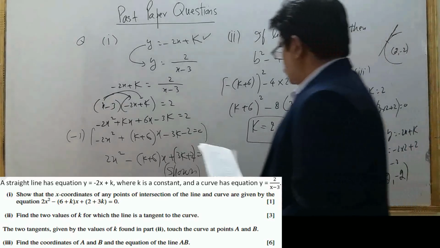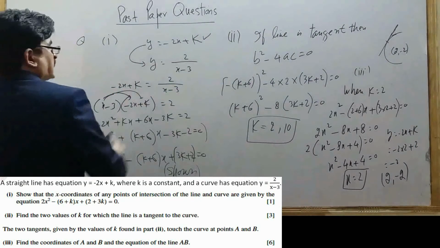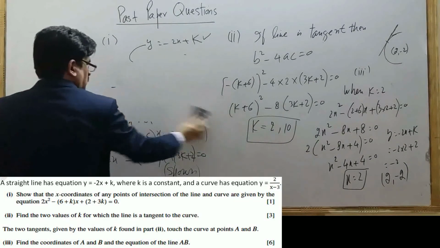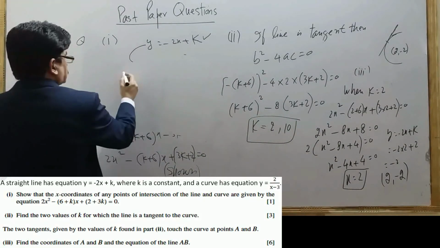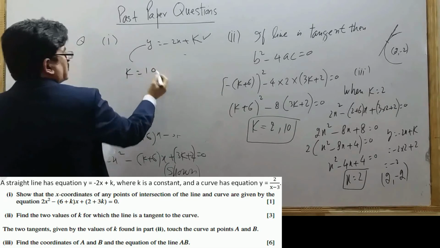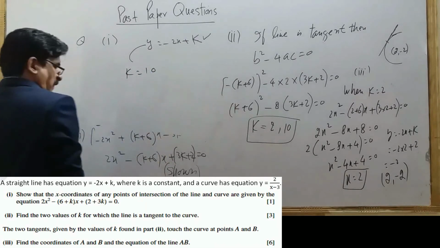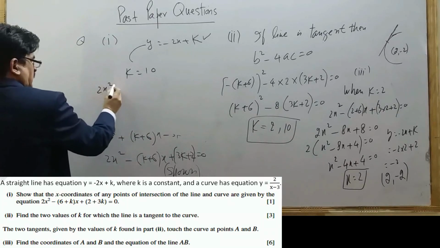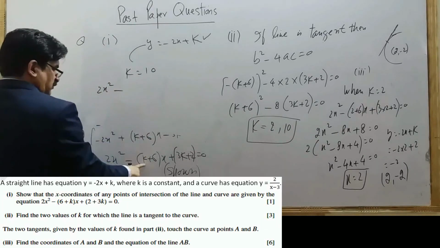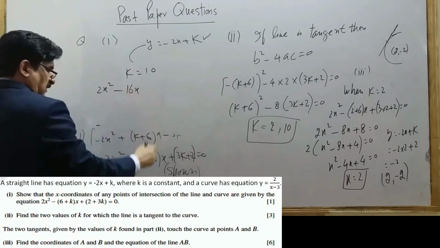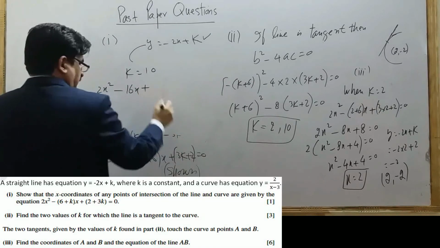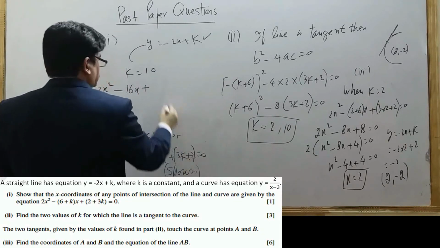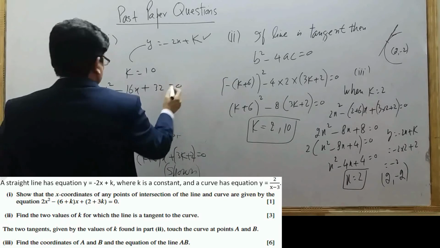Now taking k is equal to 10. Now again when we take k 10, put into this equation, you will have 2x square minus, putting 10, you have 16x, putting 10 we will have 10 3s are 30 plus this 32 equal to 0.